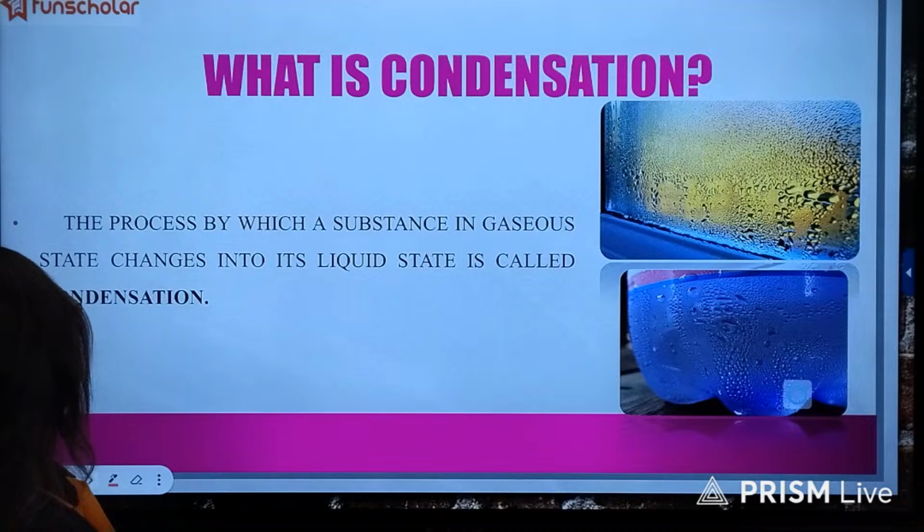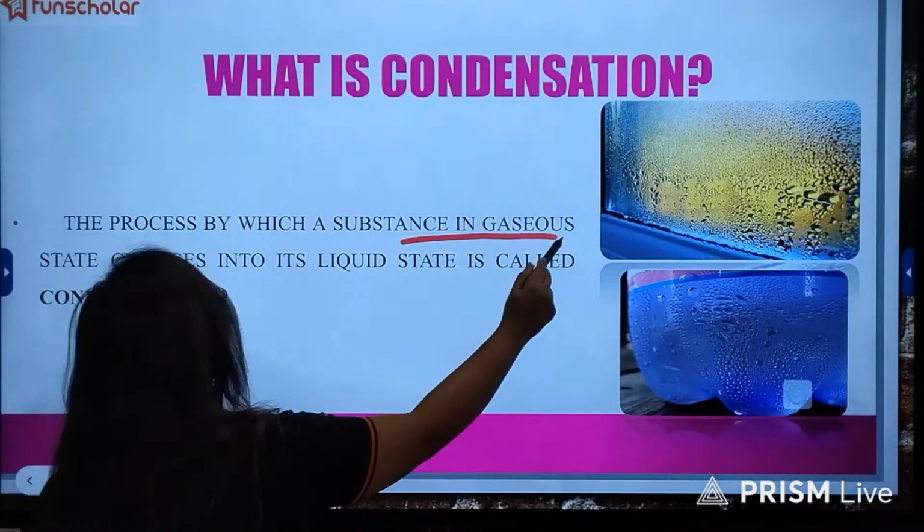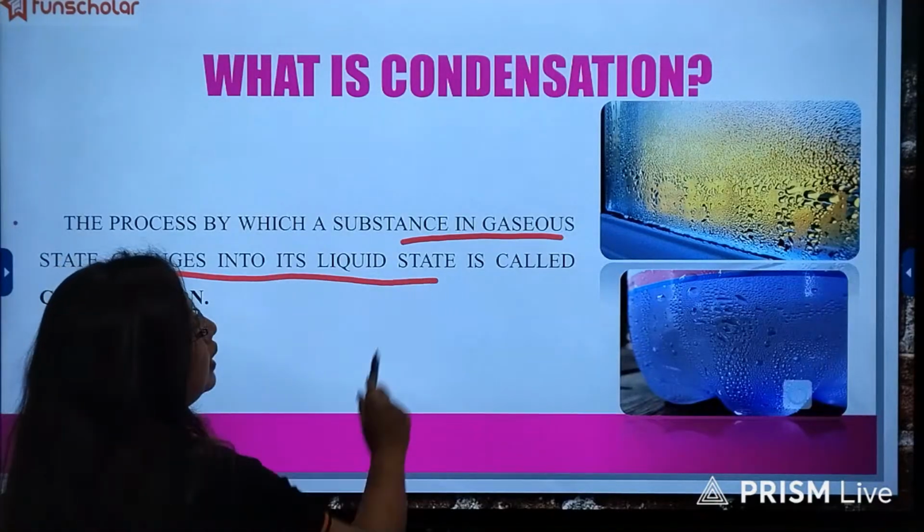Next is condensation. The process by which a substance in gaseous state changes into the liquid state is called condensation. Gaseous state to liquid state.